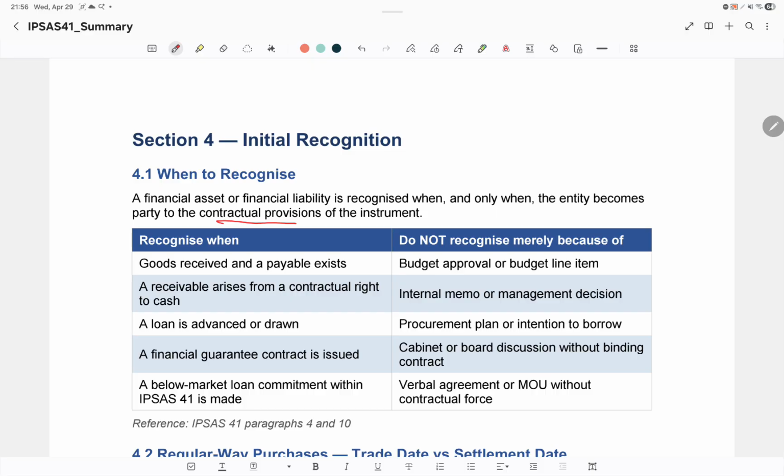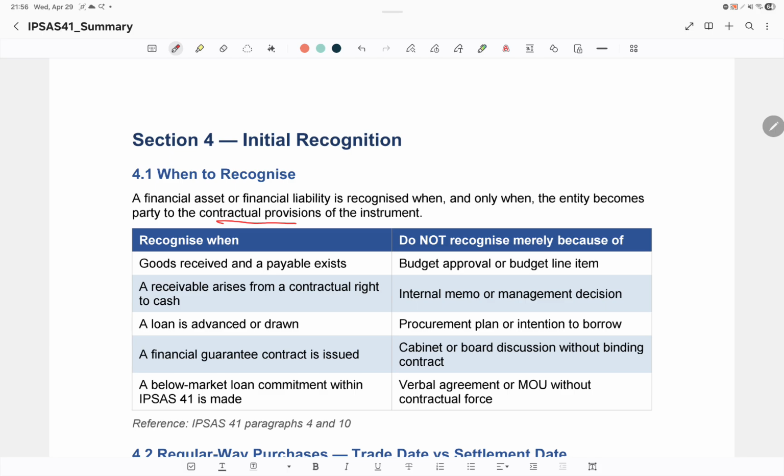So what are we recognizing? Suppose something is in the process of procurement, but it is not yet complete. Will you recognize in your books? No. Once goods are received and a payable exists, there is a performance obligation, then recognize.